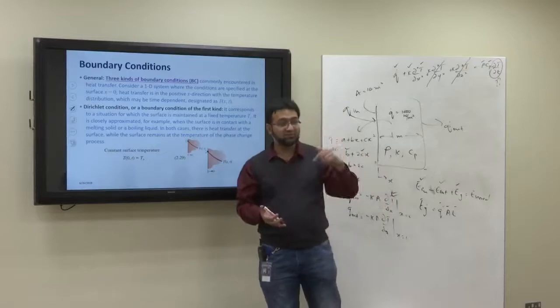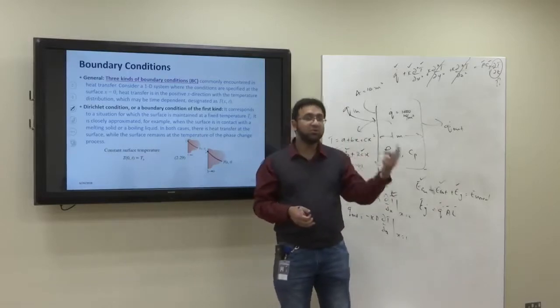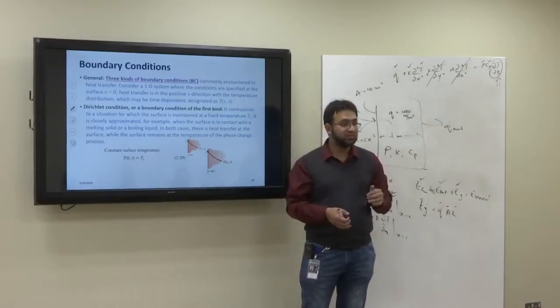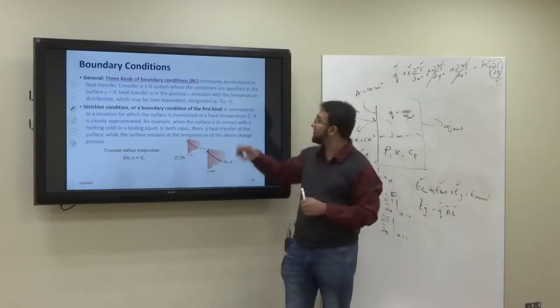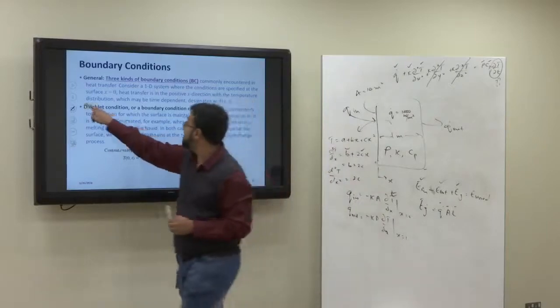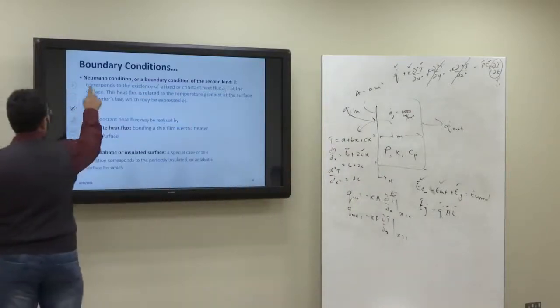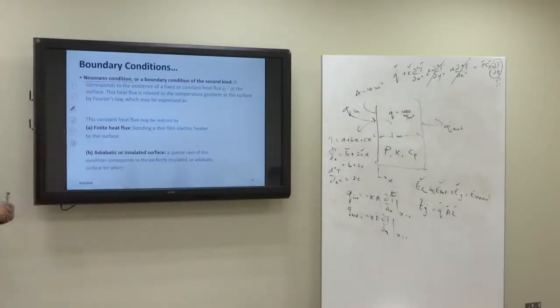If at any surface, instead of temperature, the heat flux is known, then that kind of boundary condition is known as the Neumann condition.